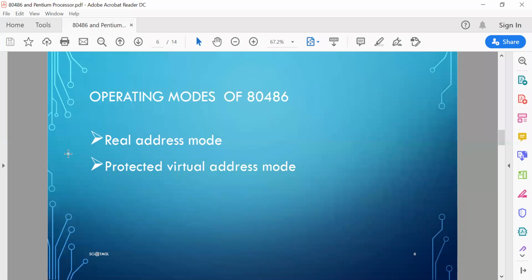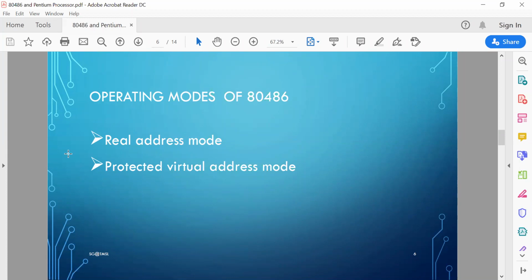That is another feature. It also provides a protection mechanism by using privilege levels, and different tasks can be protected.